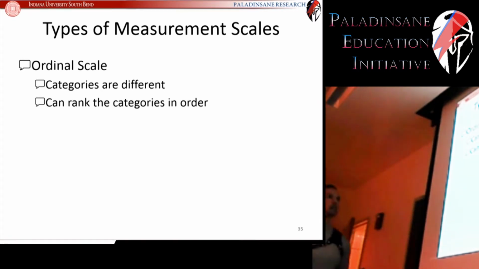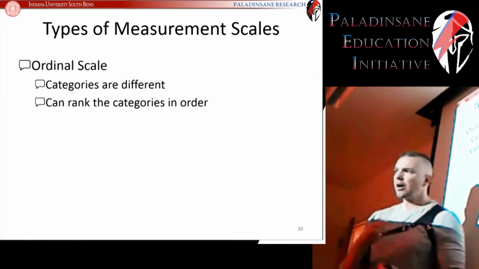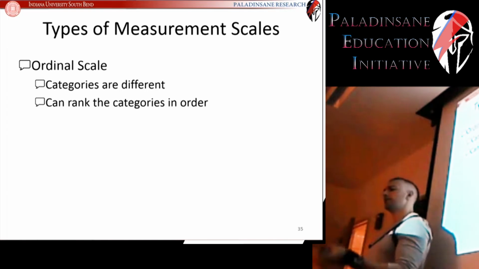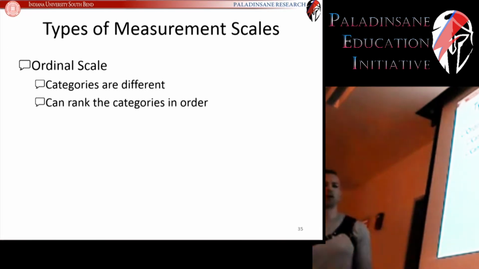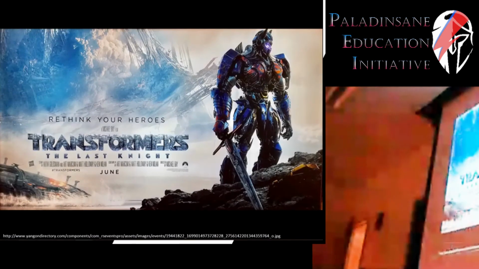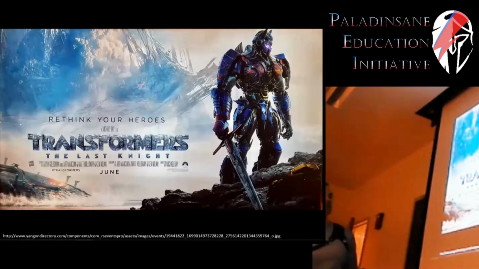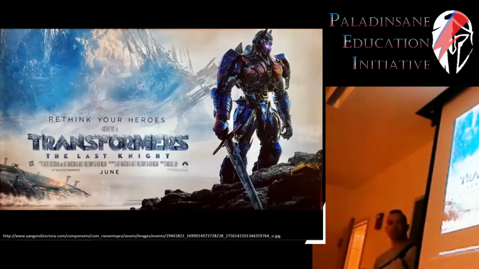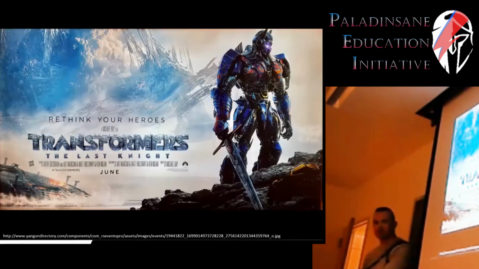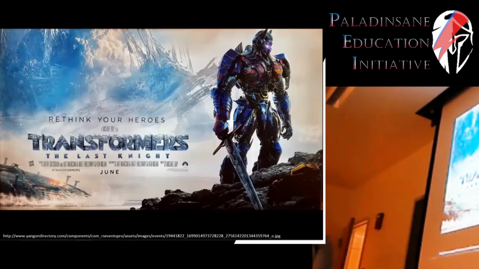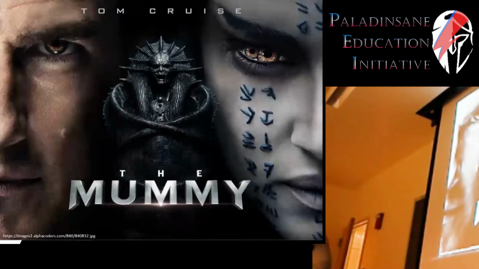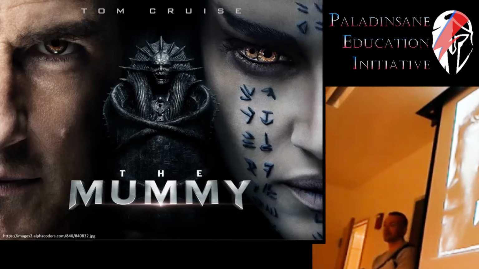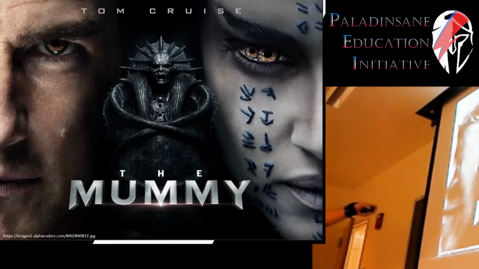So one of the classic ordinal scales is any movie rating system that measures movie quality, right? So a critic will go see something like Transformers: The Last Knight, aka the movie that put the final dagger into the Transformer universe. We have The Mummy from last year, Tom Cruise's The Mummy, the movie that killed the entire Dark Universe expanded universe.